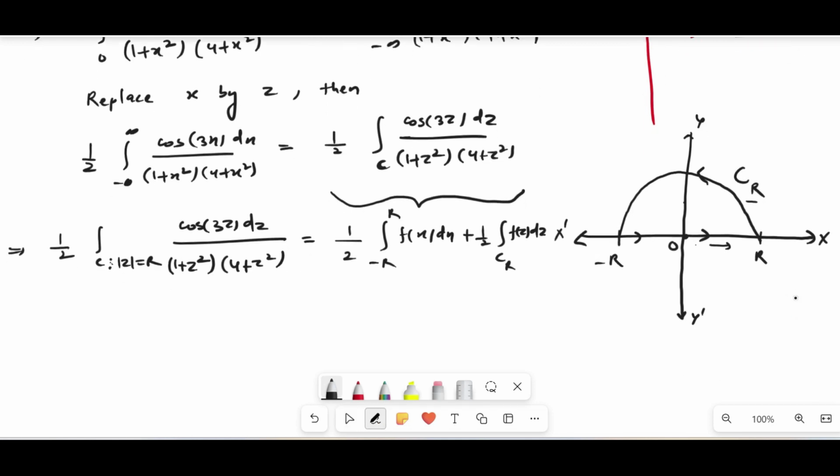So let us suppose that is equation number 1 and that is equation number 2.